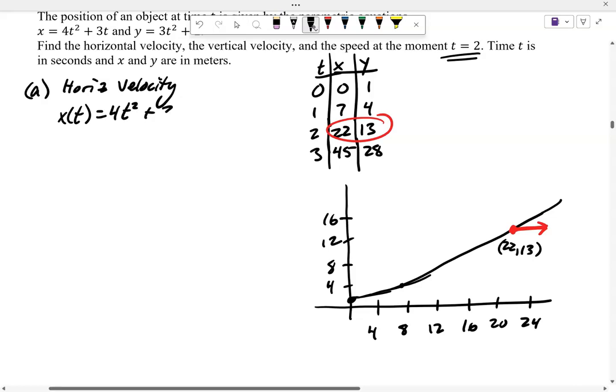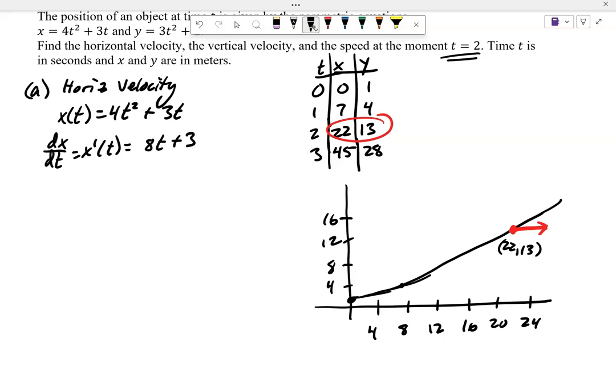4t squared plus 3t. I'm going to go ahead and find dx/dt, or x prime of t. So we got 8t plus 3. And I want it at the moment that t is 2 seconds.